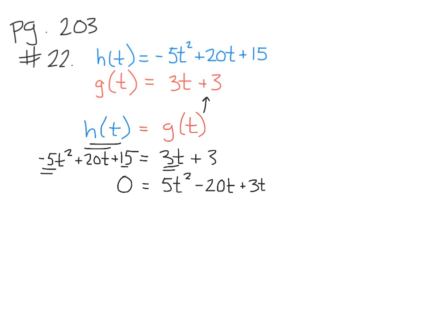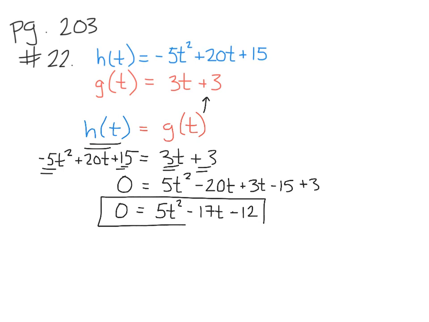I'll bring the positive 15 to the other side, which will be negative 15. And I still have this positive 3 over here. So I'm actually trying to solve 5t squared minus 17t, and negative 15 plus 3 is negative 12. So technically I'm trying to solve for time over here. At what time does this occur?